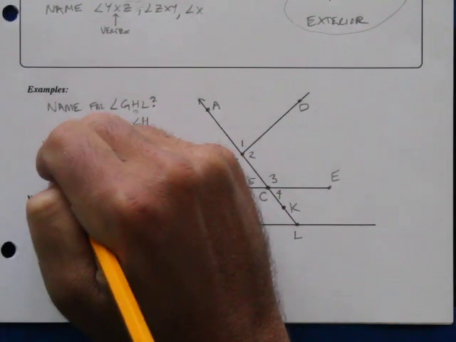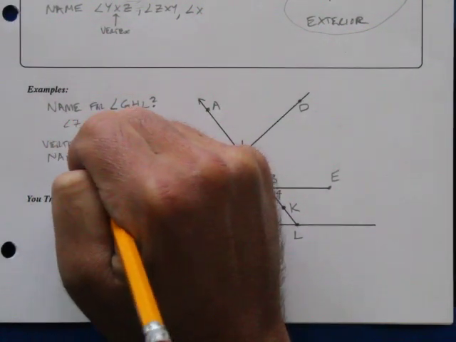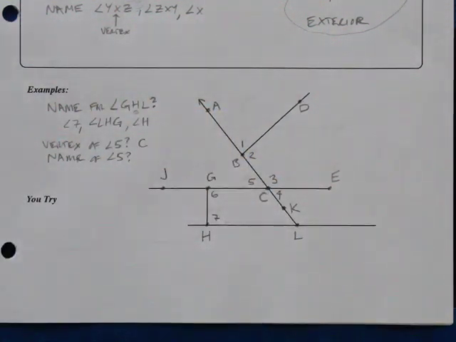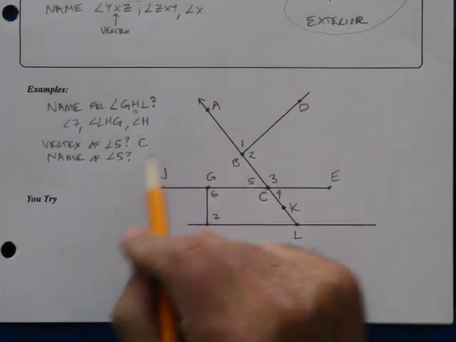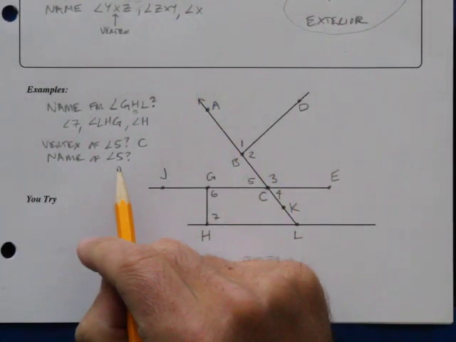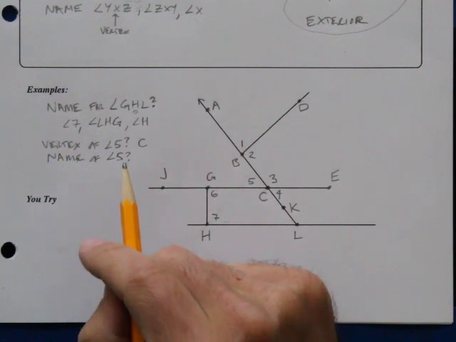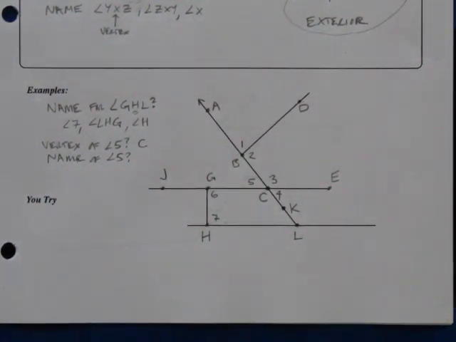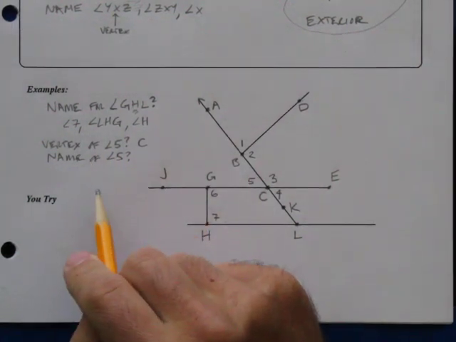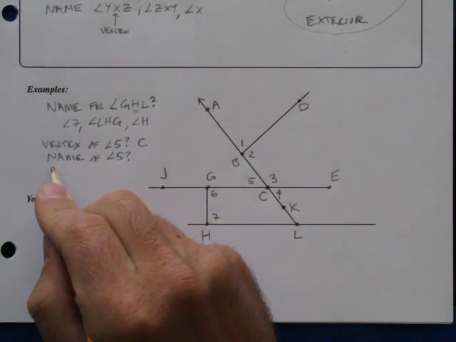Now, let's name angle 5. See if you can name angle 5, and then I'll come back and give you some possible solutions for that. Okay, pause now. Okay, angle 5. Let's talk about a few options for angle 5.